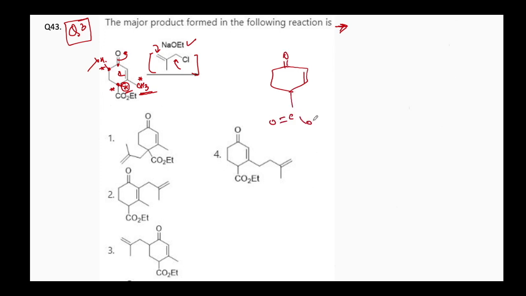So the only option we can think of right now is to remove this proton which is next to the ester and also next to the unsaturated group. If we do so, then what is going to happen? Alkylation will take place.